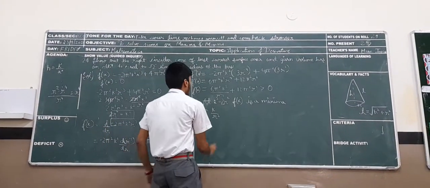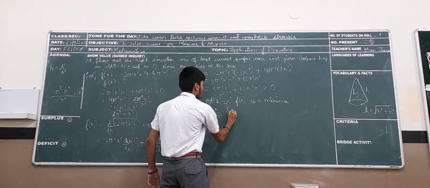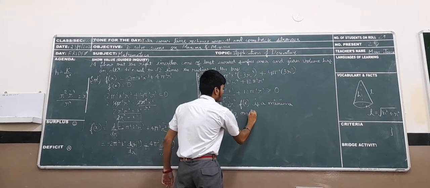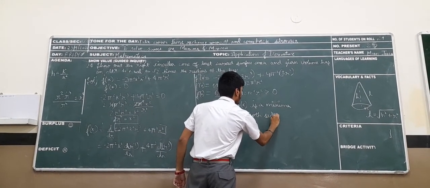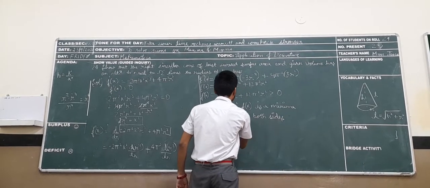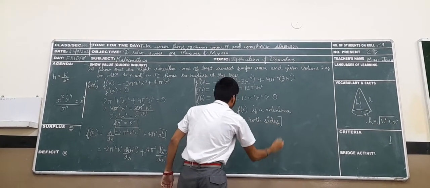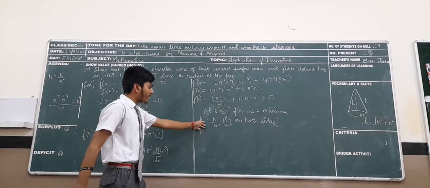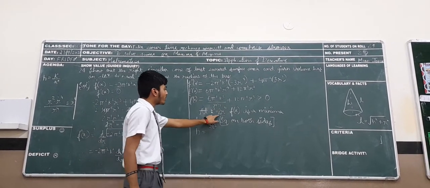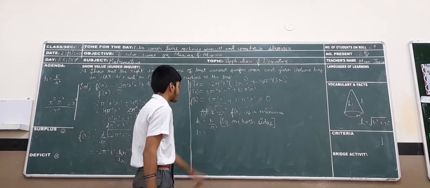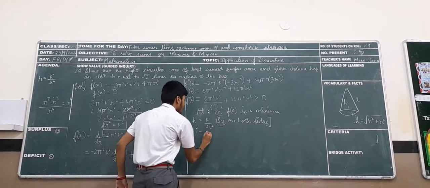Now we will square this term, square on both sides. You may ask why we are squaring here. Because we have the value of k square, and that is r to the power of 6. So we will square it.